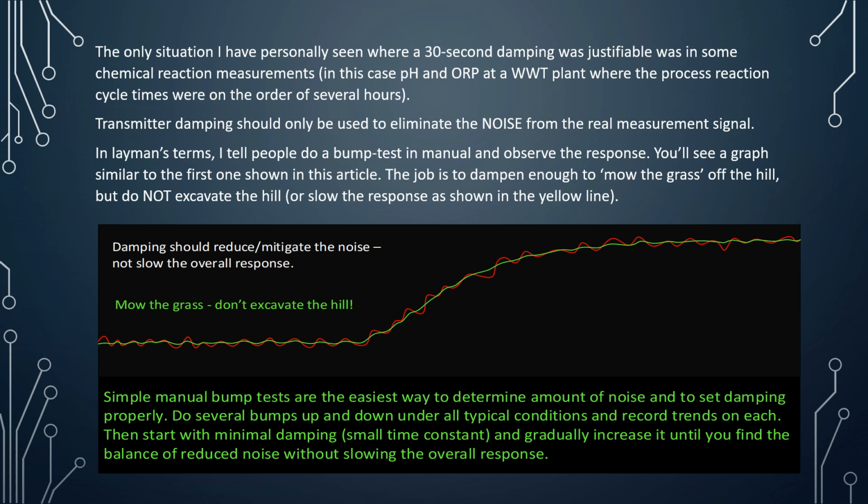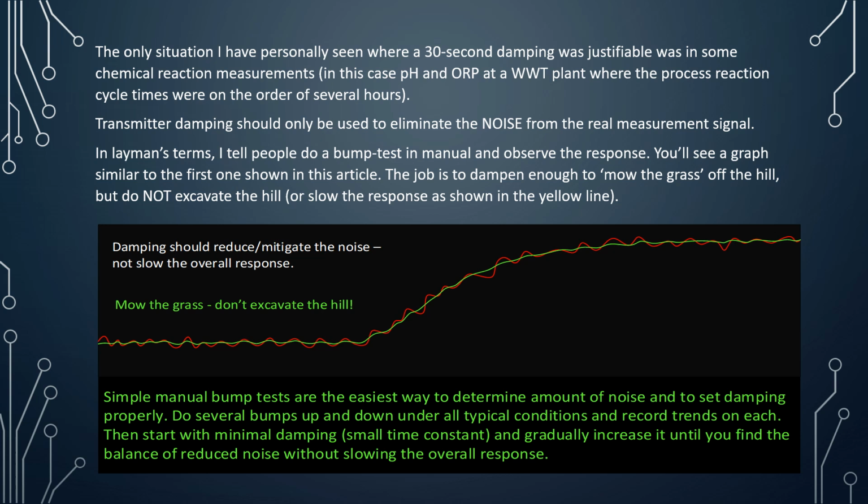And there was some slow mixing of the fluids that caused some very slow noise. So we did end up needing pretty slow damping. But again, we were dealing with an 18-hour cycle time for a single cycle up and down.